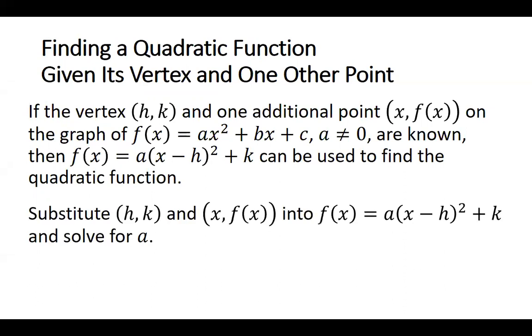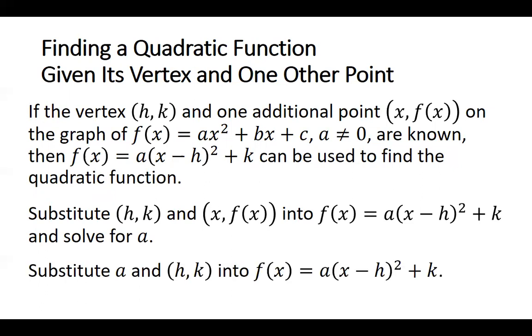Having that, we can substitute our vertex and that one point into the function in the format we want, a times (x minus h) squared plus k, and we can solve for a. Once we solve for a, we can substitute that and the vertex into f of x equals a times (x minus h) squared plus k, and that gives us the equation for our quadratic function.